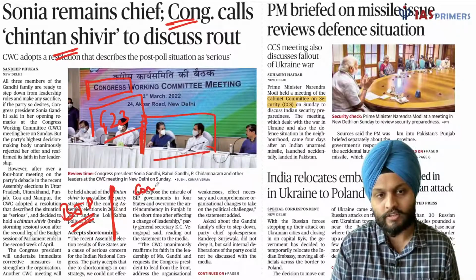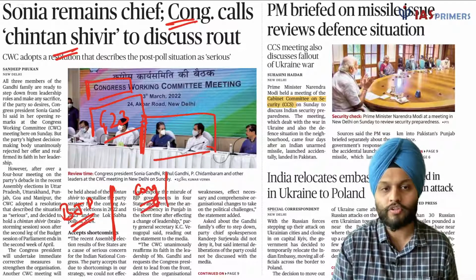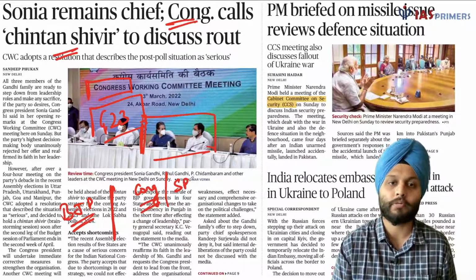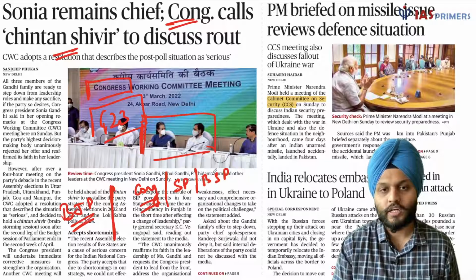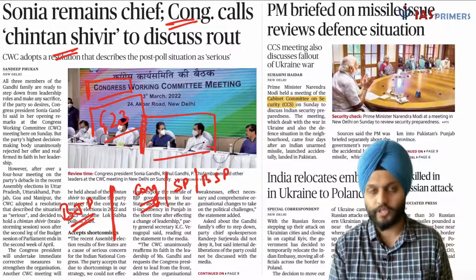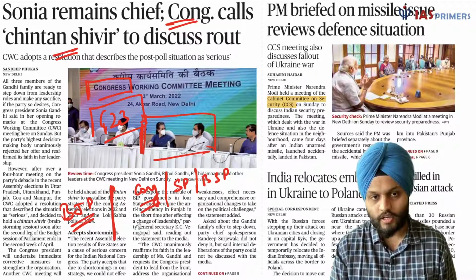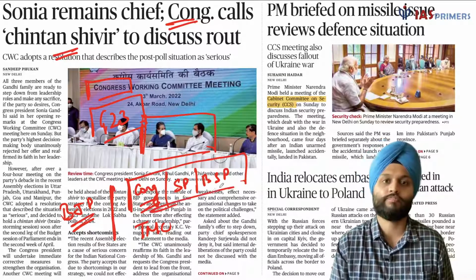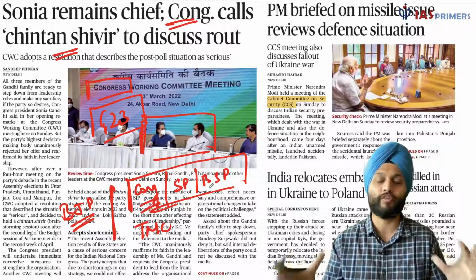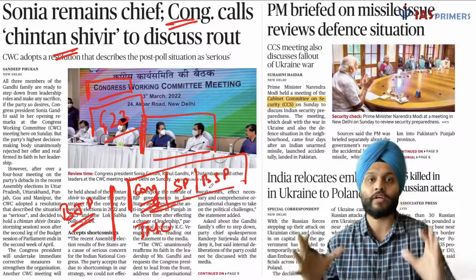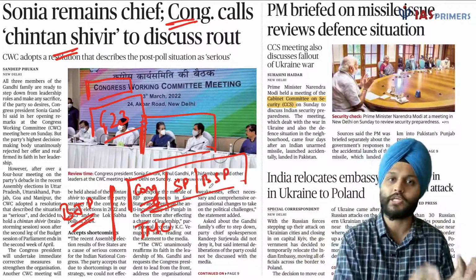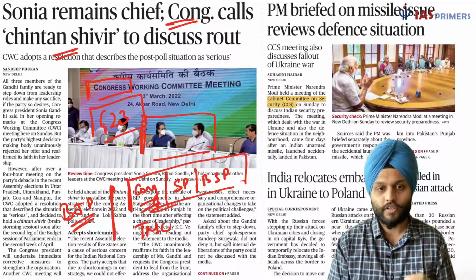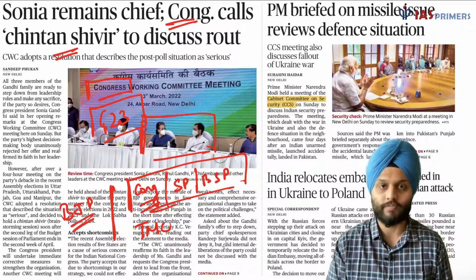So what we are seeing these days is that Congress, like in UP it happened, Congress, Samajwadi Party, BSP, they ate each other's vote share. Likewise, now they are saying that we need to form an alliance, a united front, so that this doesn't happen and we can act against the BJP. So we're talking about Mahagathbandhan.